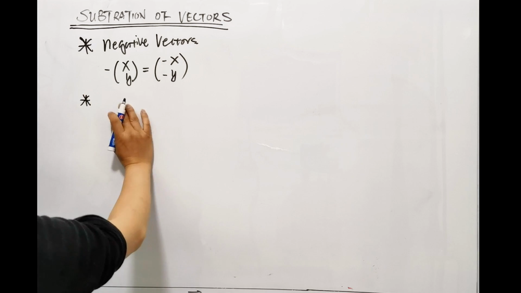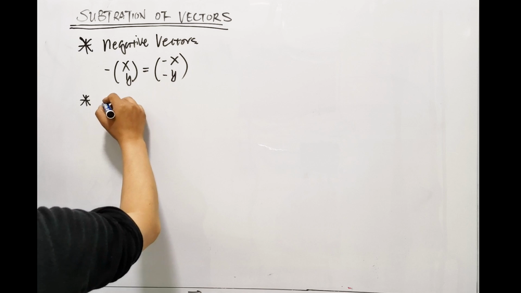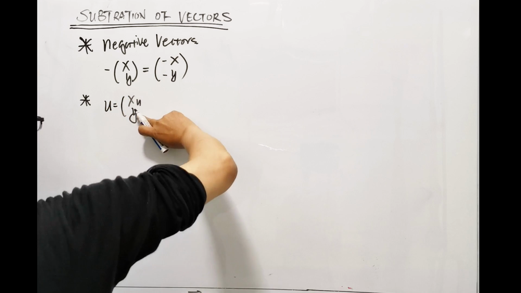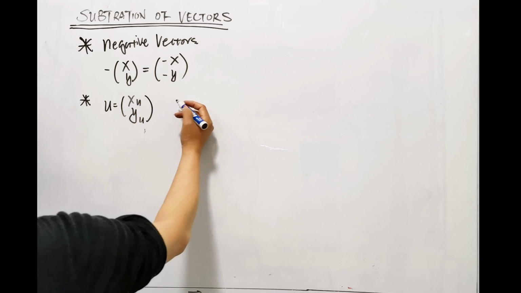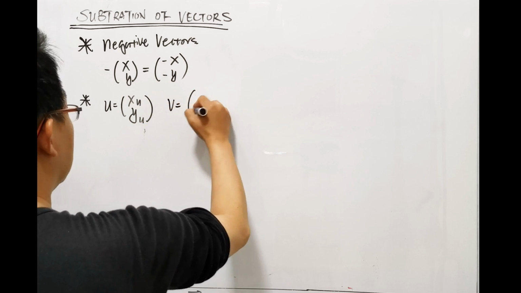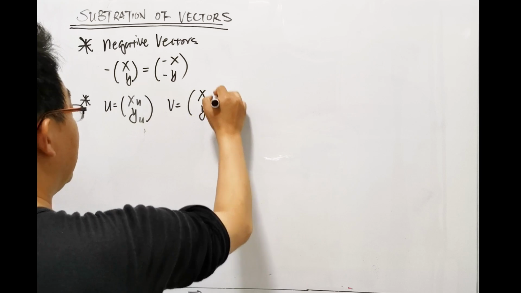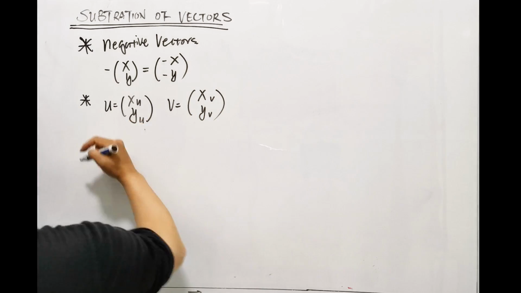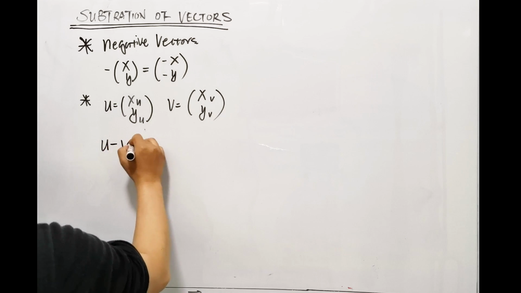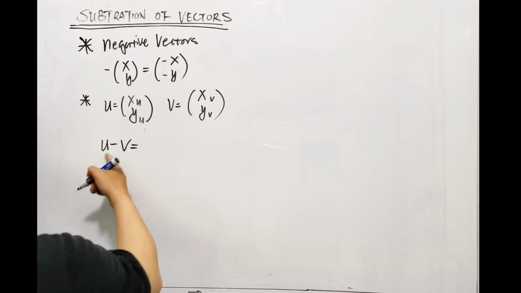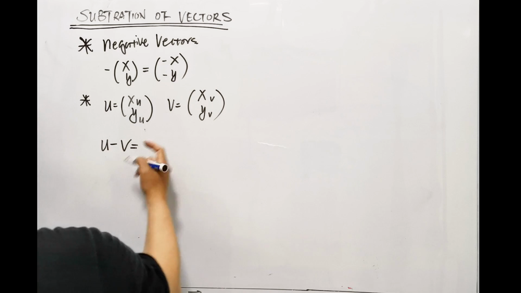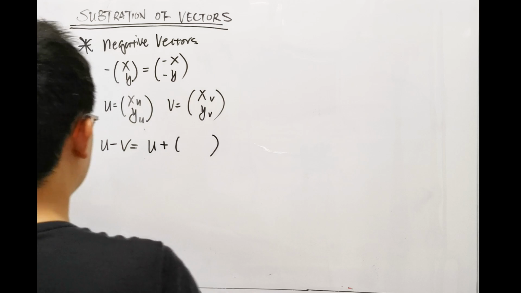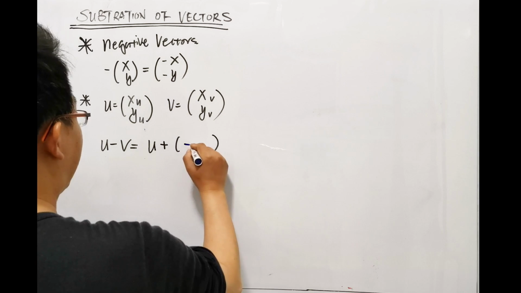Okay, so if we have two vectors, let's say u equals to xu, yu, and then v equals to xv and yv, right? When we do the calculation u minus v, then it equals to, because we already know u minus v, we can consider as plus. We move the minus sign into the bracket.